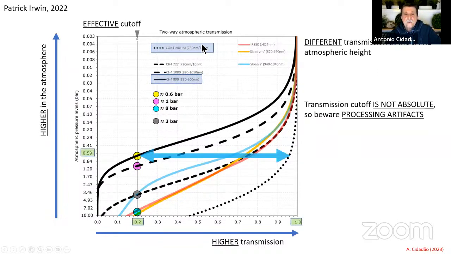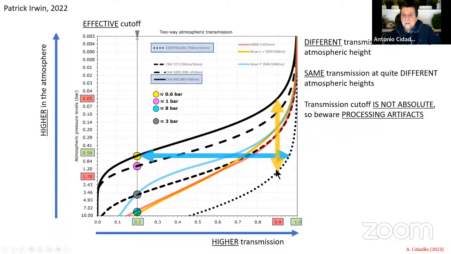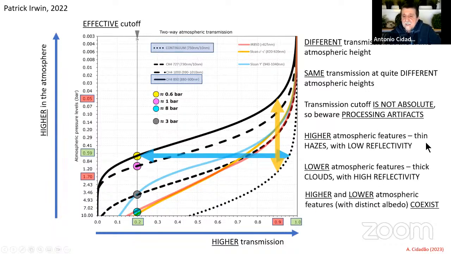So while always using 2 filters in combination, the difference in transmission that occurs at the same atmospheric height is very dramatic. Obviously, and theoretically, there is also a difference between heights where the 2 filters should have the same transmission. But what occurs is that high features usually are thin and of low reflectivity, while lower structures are of very high reflectivity and thick.